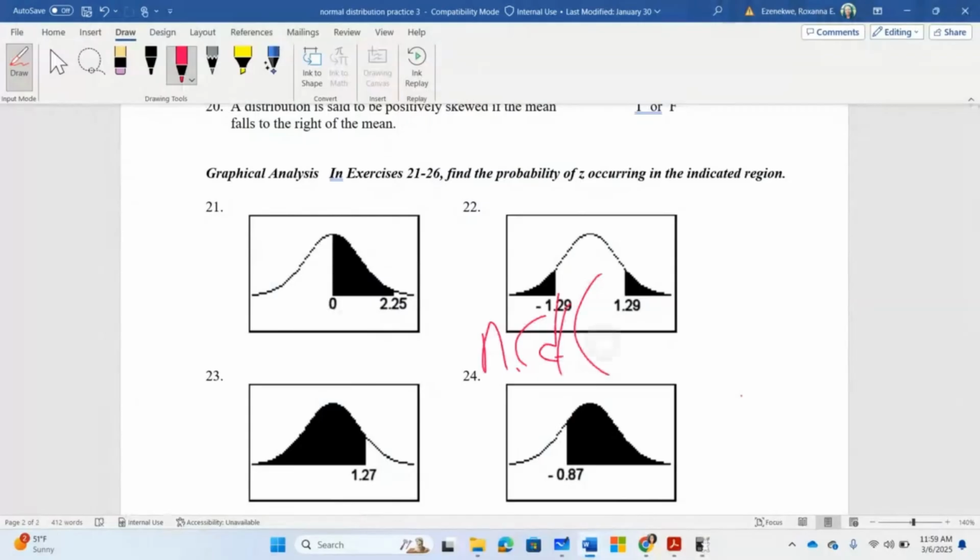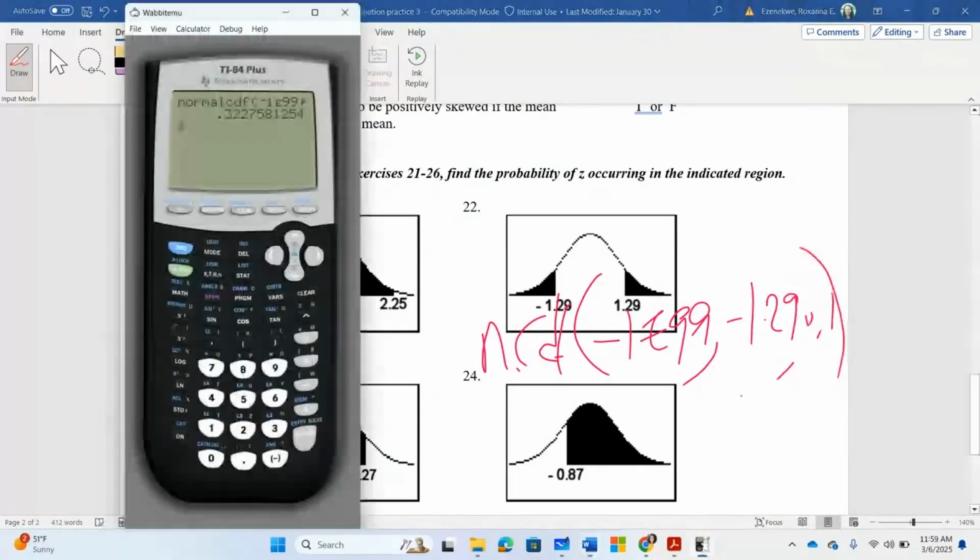Area to the left is negative infinity, 1e to the power 99. And then upper bound is negative 1.29. The mean is 0, standard deviation is 1. So I get my calculator and put everything in. So second distribution, number 2.